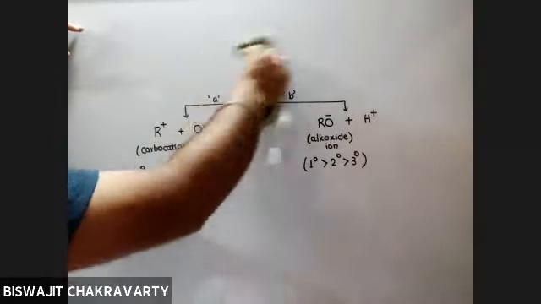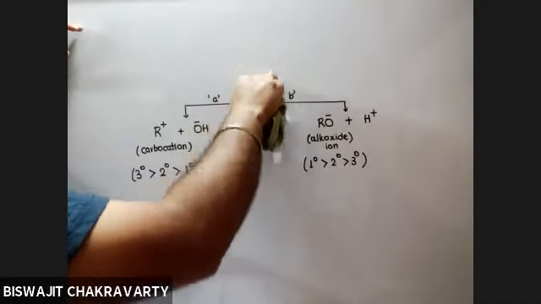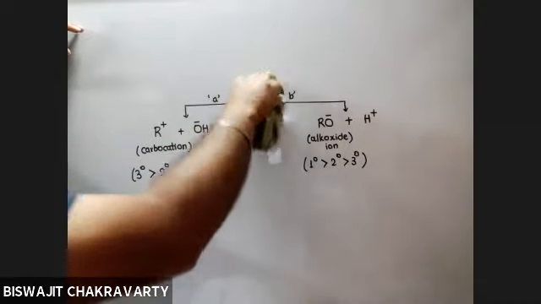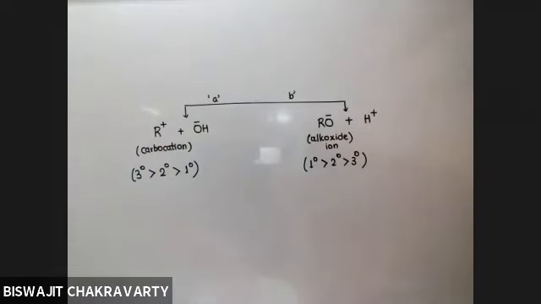Now, if someone loses OH minus ions, what will you call it? What are the substances which lose OH minus ions called?